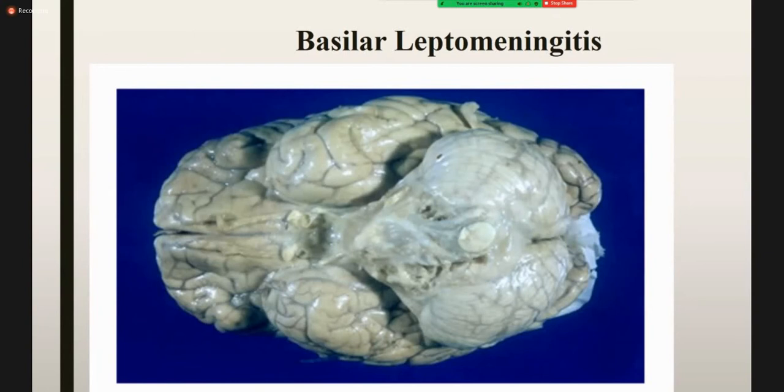This is a gross anatomy of the brain, showing white gelatinous material on the basilar part of the leptomeninges.